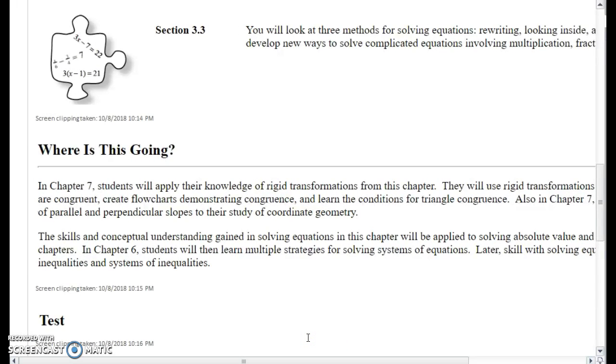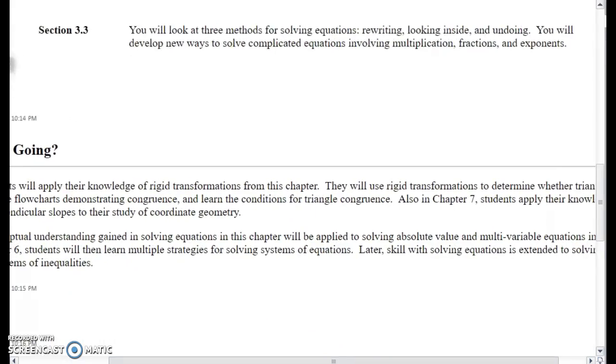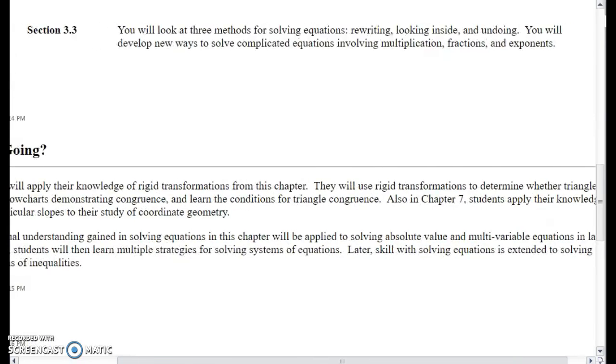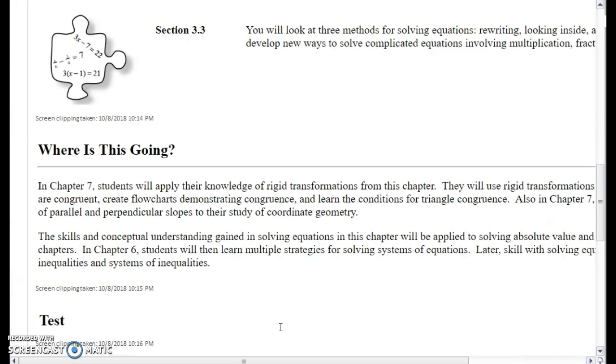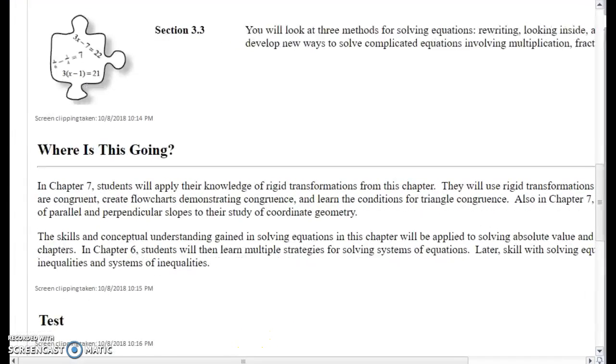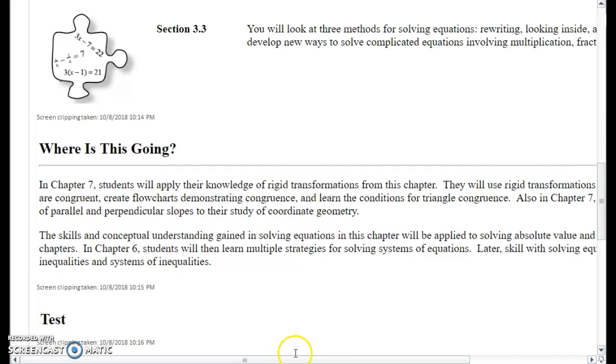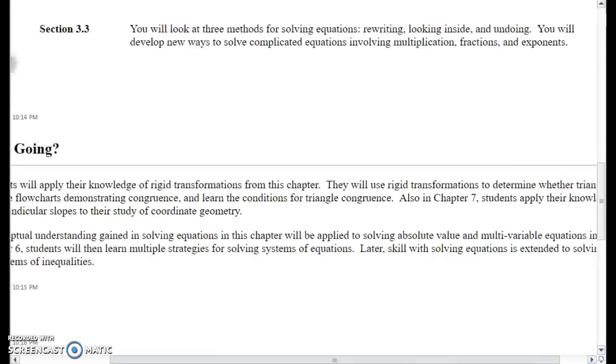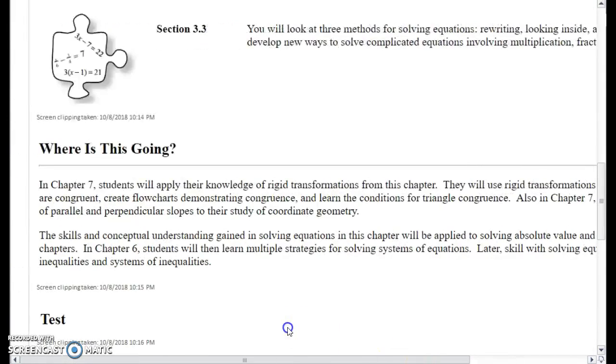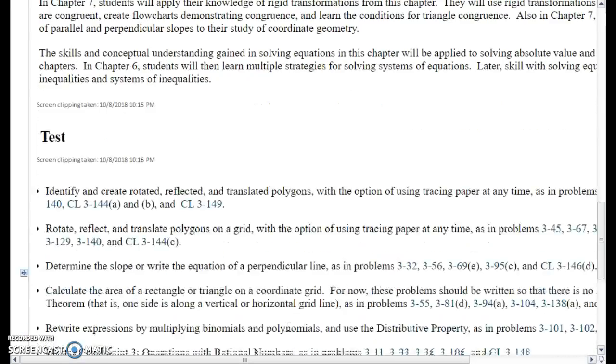And the skills that we gain here will continue to build up, and we'll look at absolute value and some multivariable equations later, and partly in Chapter 6 we also learn multiple strategies for solving systems of equations, and then we will extend that knowledge of solving systems of equations into inequalities.